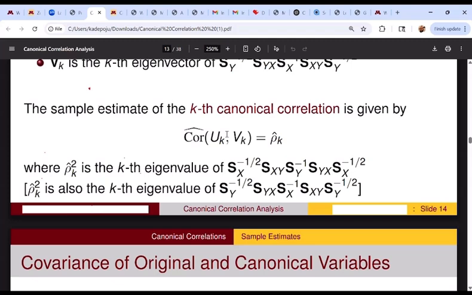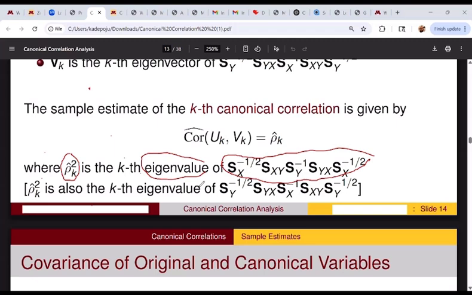Okay, so it's going to be this guy. And just like what I said the other time, the square of the correlation is the eigenvalue of this guy.